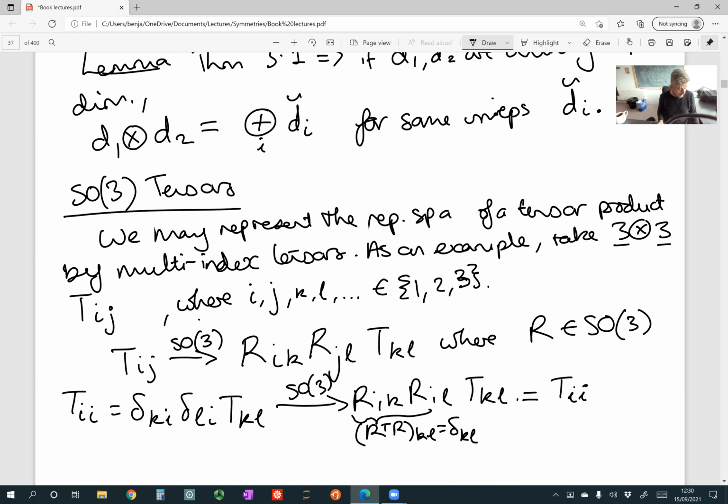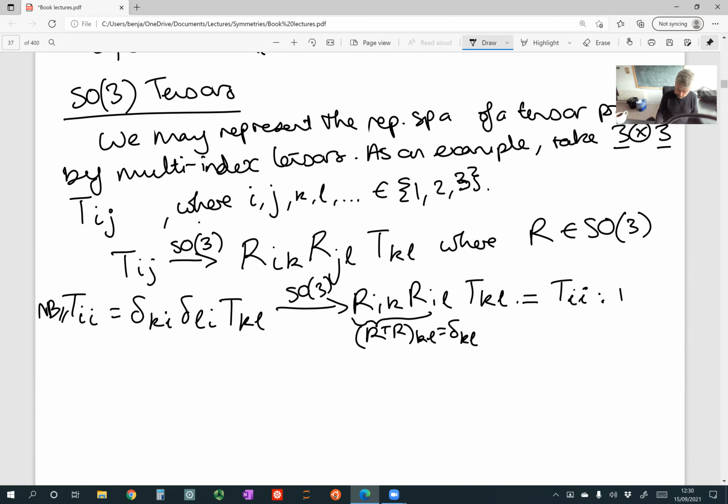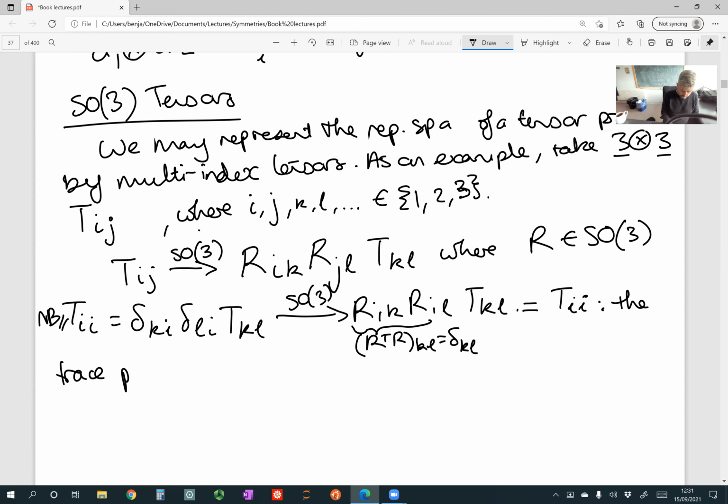We get the same thing at the end after the SO(3) transformation.